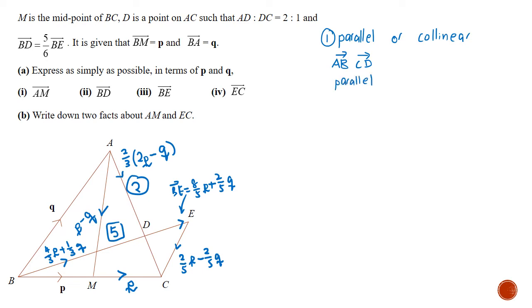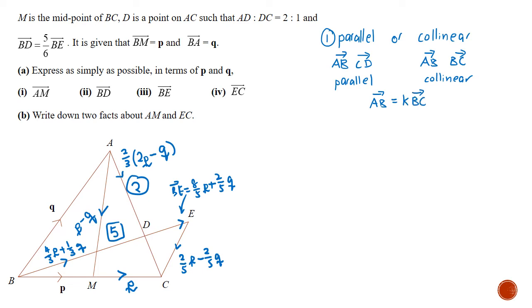When the two vectors share a common letter, we will say that these two vectors are collinear if one of the vectors is equal to k times the other vector.